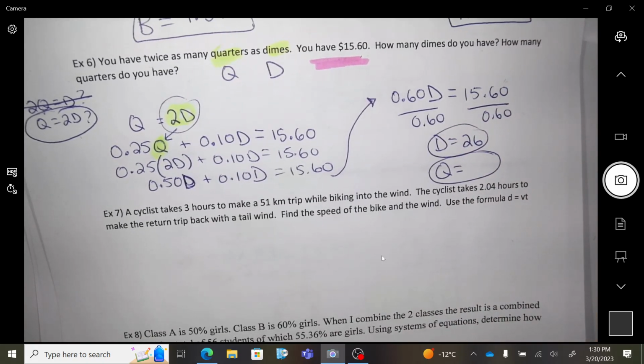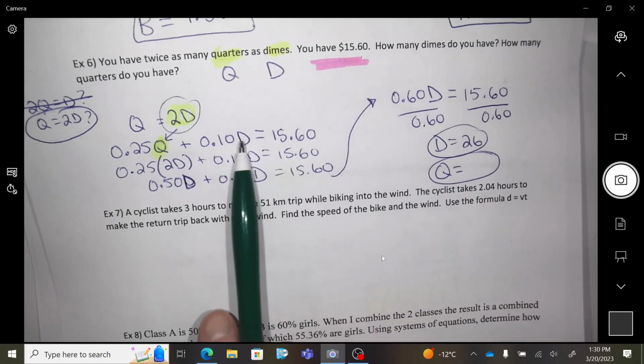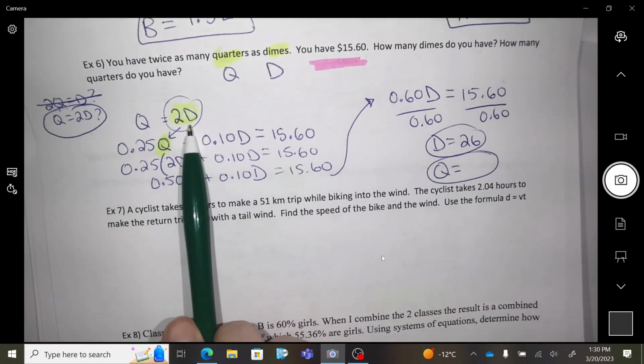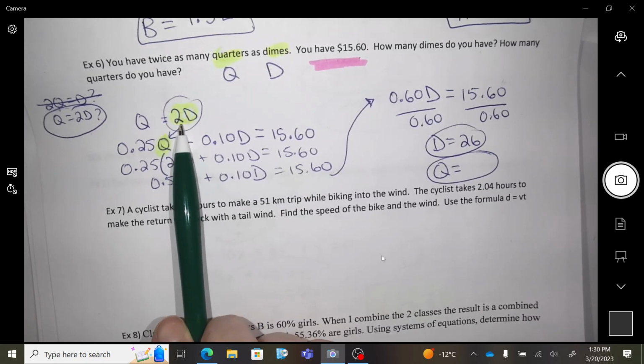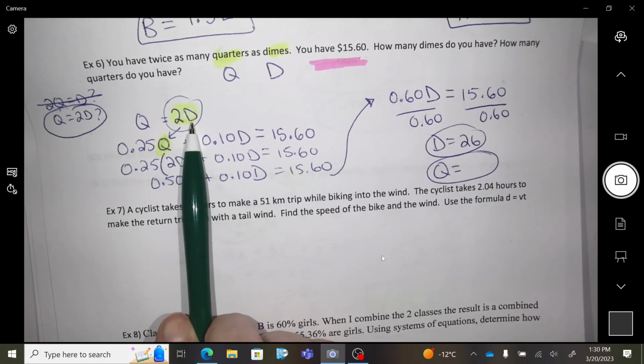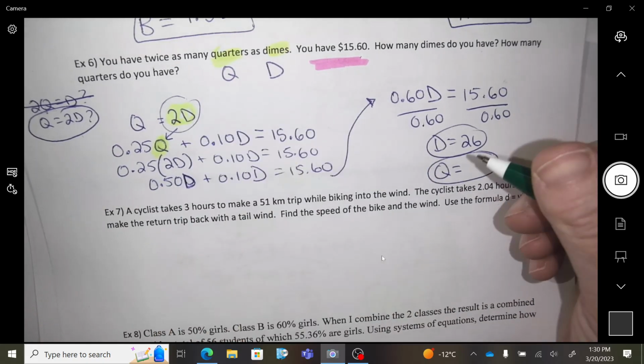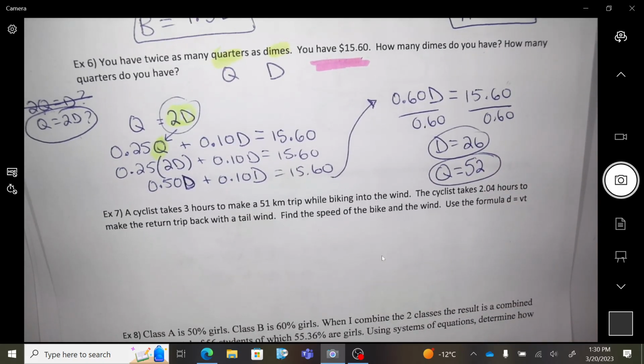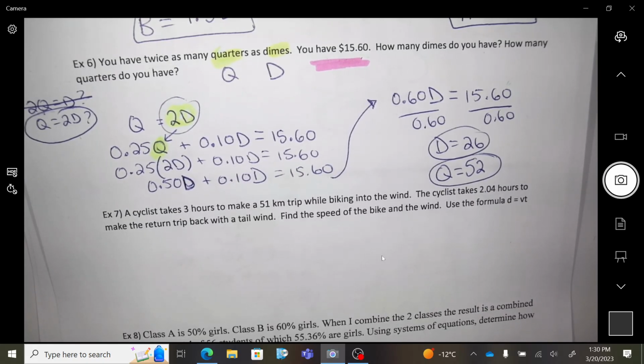So how many quarters do I have? So 26 dimes can go up here and get replaced. So 2 times 26 means I have 52 quarters then, because I have twice as many quarters.